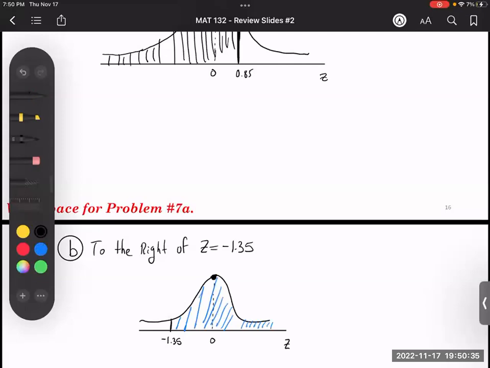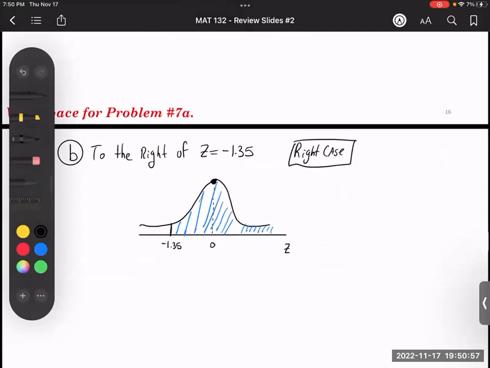What you need to be careful with regarding this right case is that the z table only gives you the area to the left. With the right case, if I want to find that blue region, I use the complement rule.